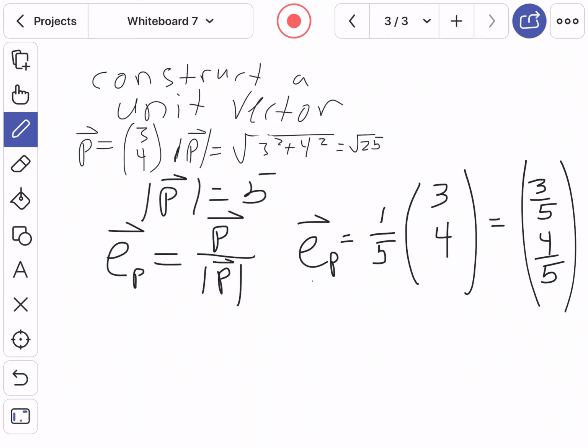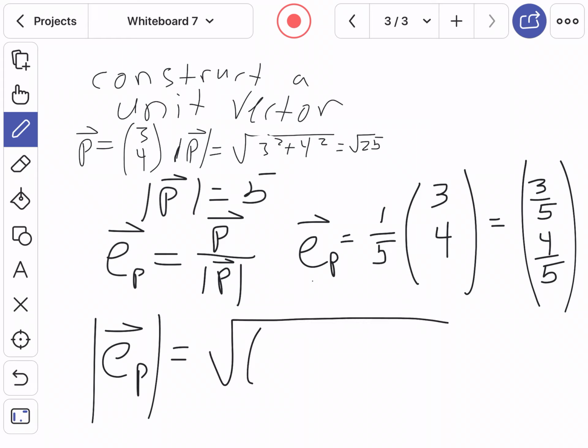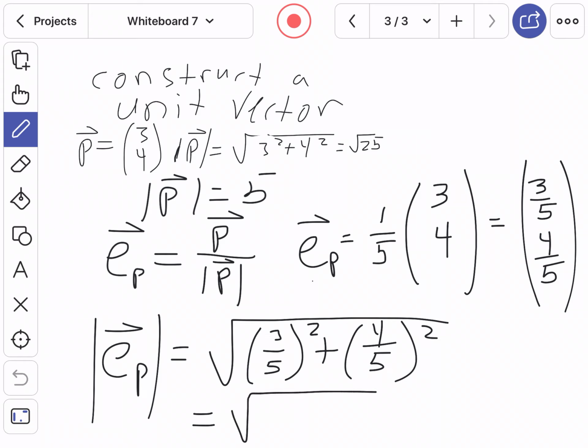It only changes the magnitude. And if we want to check out the magnitude of this vector E in the direction of P, in case you didn't believe me, which is fine, you should be skeptics. All students should be skeptics. Prove it to me, Mr. Paulson. I don't believe you. Oh, all right. That's my burden that I bear, and it should be.